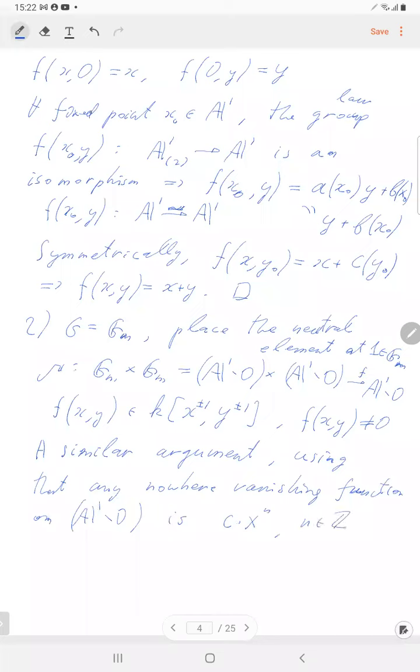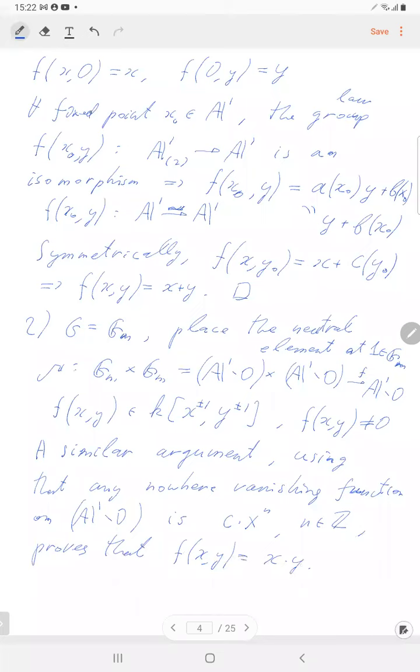Okay, it's a polynomial, but this polynomial must have no roots away from the origin, so it must be just a monomial. So the similar argument proves that f of xy is just the product.